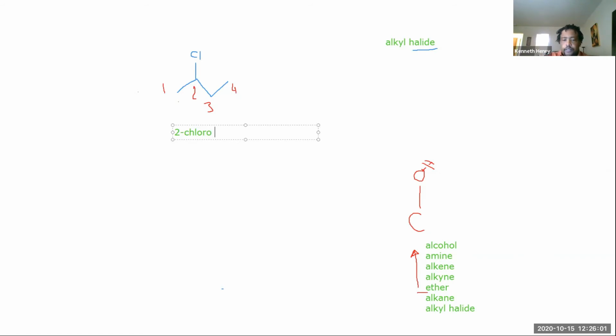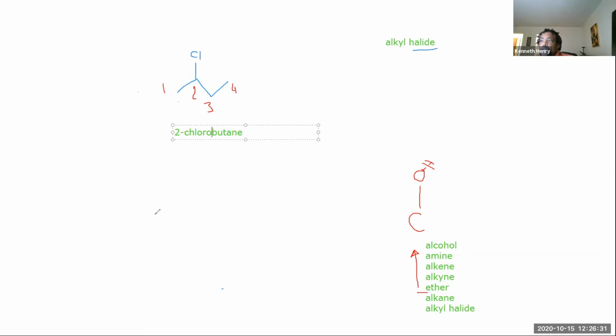Butane. And if it's a single bond, would it be ane, ene, or yne? Alkane. Okay. So this guy would be called 2-chlorobutane, because the alkanes have priority over the halides.